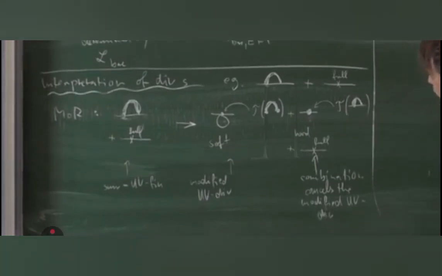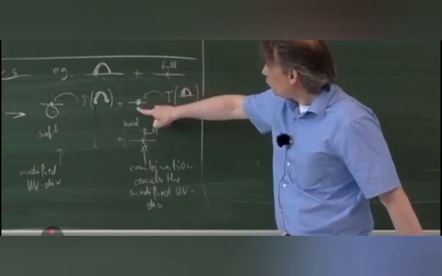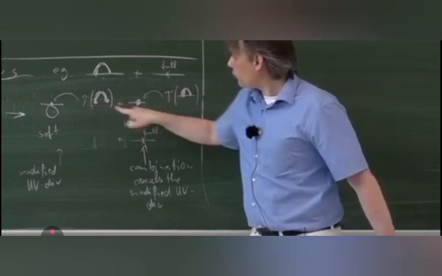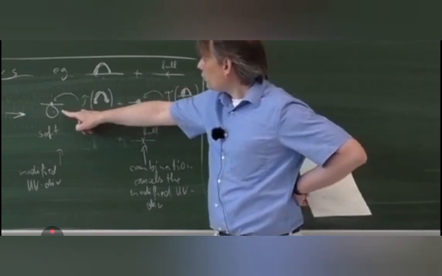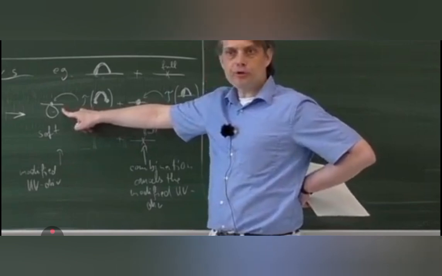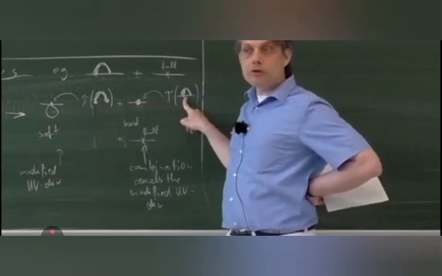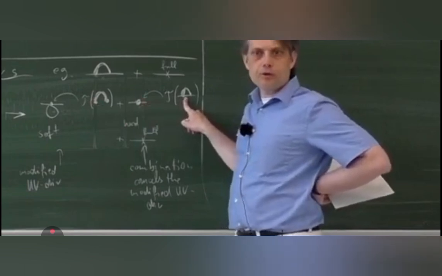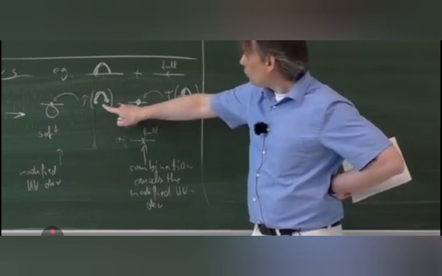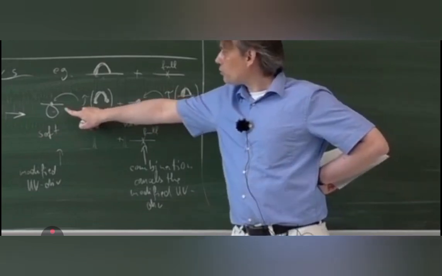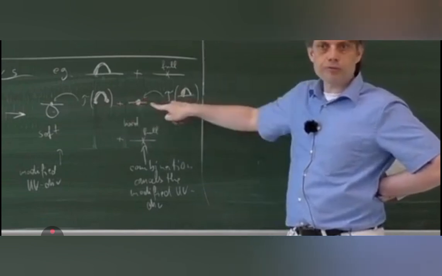We can be a little bit more detailed even by saying that within the method of regions, of course, we have also this other interpretation that the UV divergence is modified here, and as a counterpart in this loop here, the infrared behavior was modified. So within the method of regions, the point of view would be that the additional UV divergence of this diagram is cancelled by an additional infrared divergence of the other diagram.